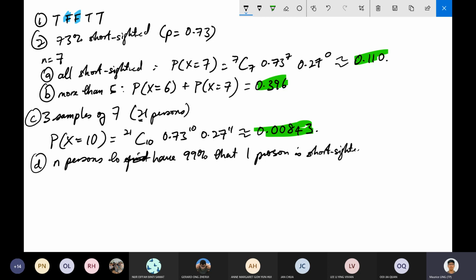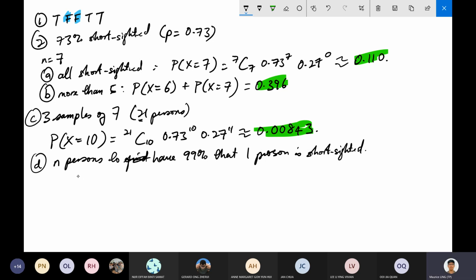So basically you are almost like saying how many random people must you get so that there is a 99% chance of finding one of these group of people that are short-sighted. So how do you do that?